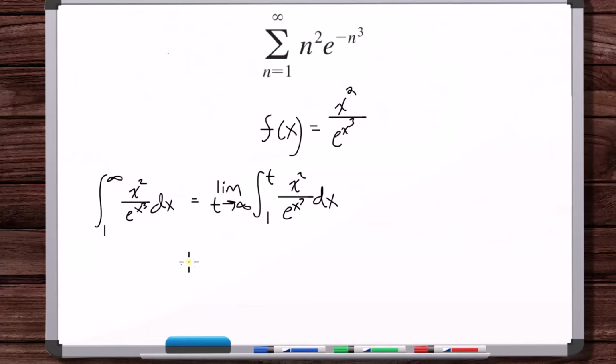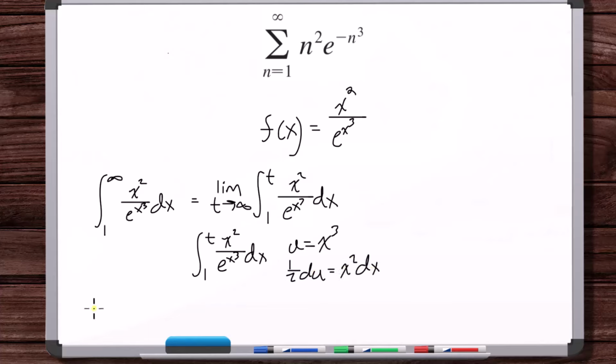Okay, so if we just come to the side and do this, we see we can make the substitution that u is equal to x cubed, therefore 1/3 du is equal to x squared dx. All right, when x is equal to 1, u is equal to 1. When x is equal to t, u is equal to t cubed. And we can take out that 1/3, and we've got 1 over e to the u.